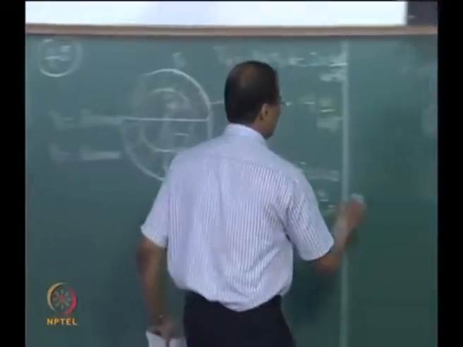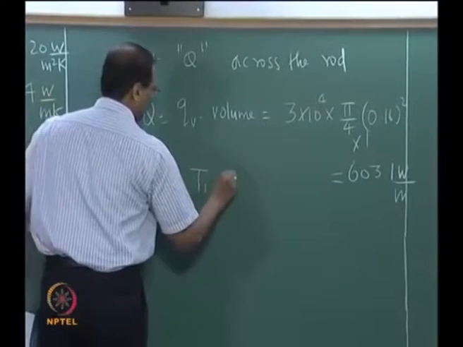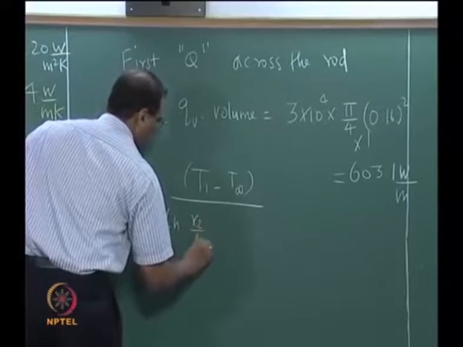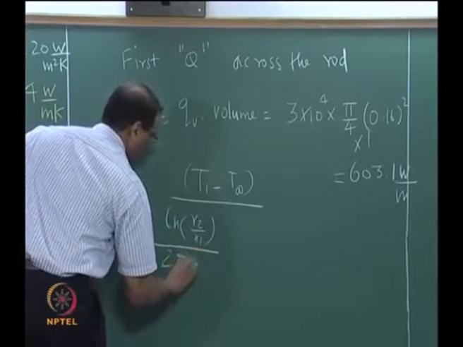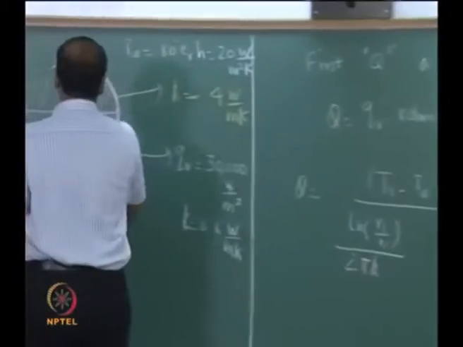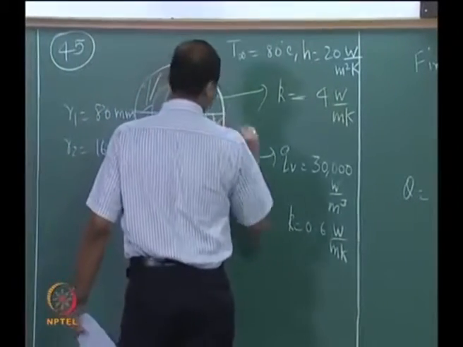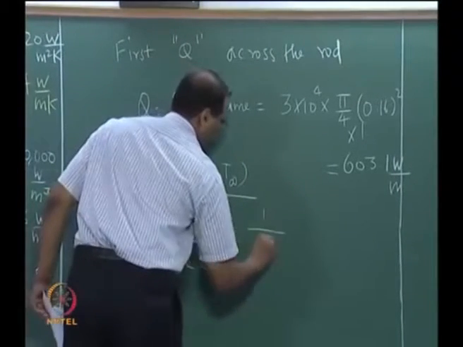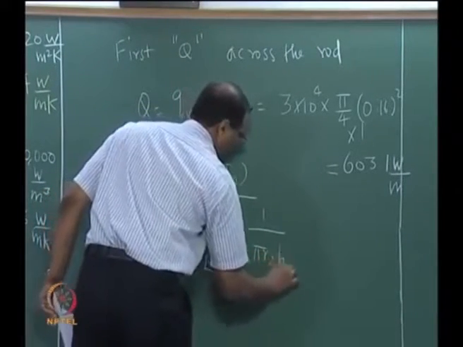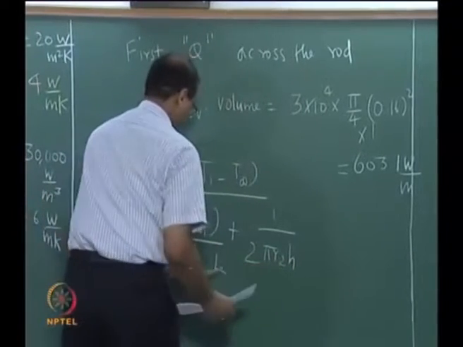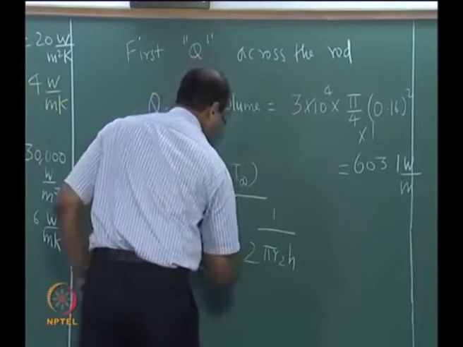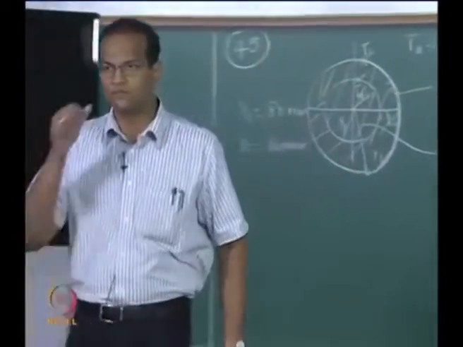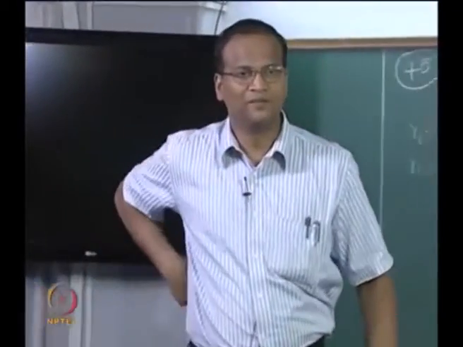This Q is now equal to... so I will call this K1, K2, 2 pi... this is correct, agreed.